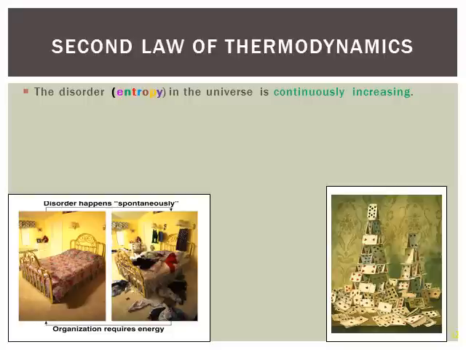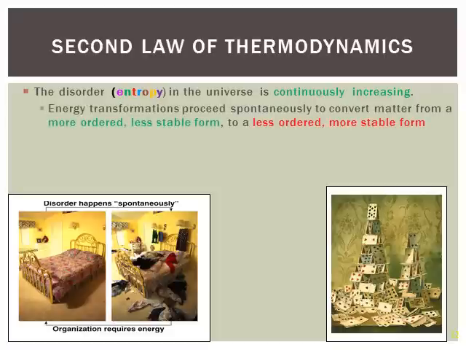Disorder seems to happen spontaneously, and then it requires lots of energy to reorganize that particular space. Energy transformations do proceed from a more ordered, less stable form to a less ordered, more stable form. So it's more stable to have chaos and less stable to have this sort of organization or order.